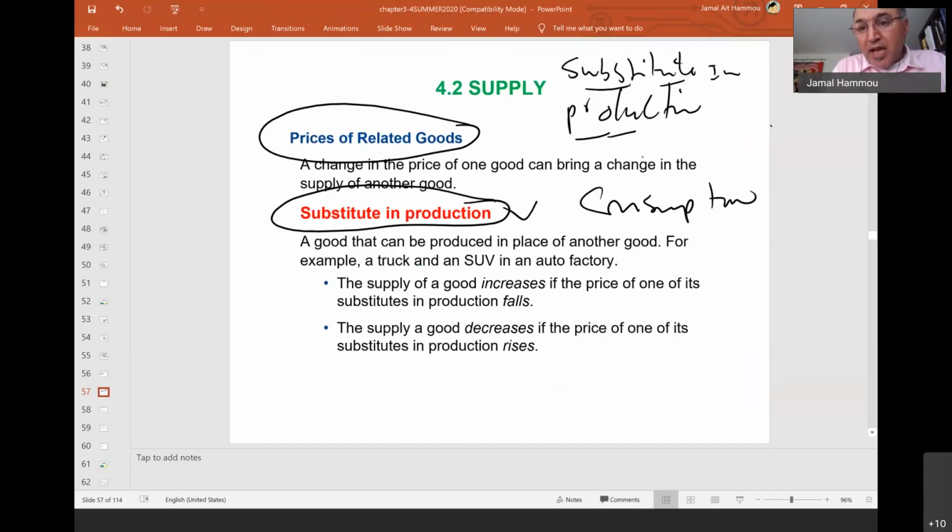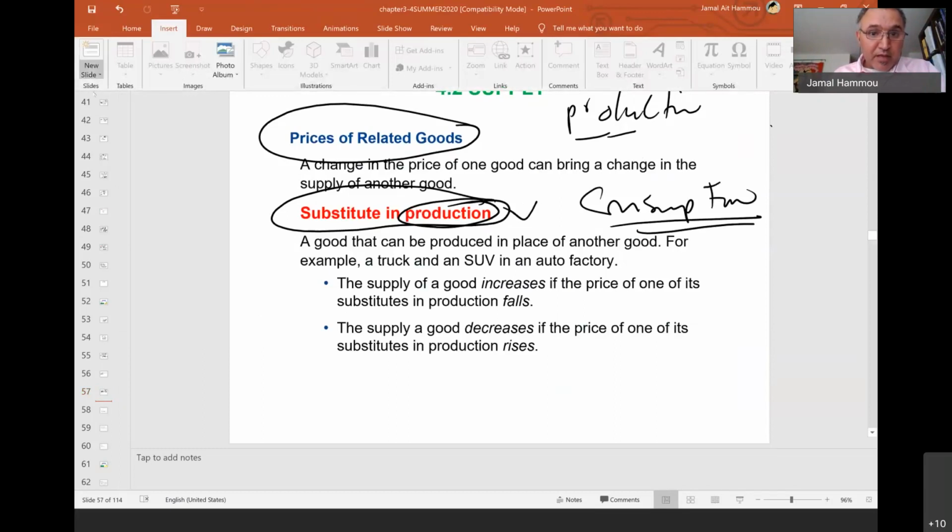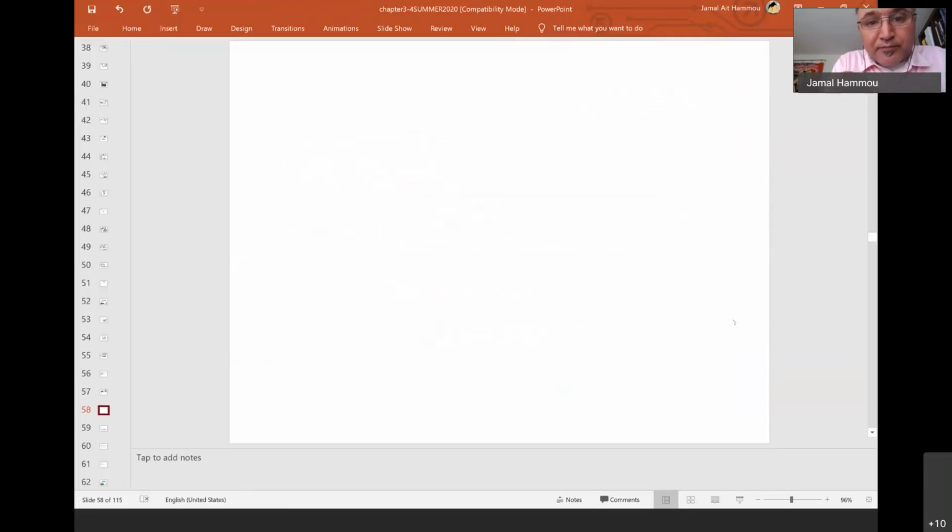When I'm talking about the demand side, I'm talking about related goods in consumption, but now we're talking about the production side. So for example, for the Ford company, they can produce one good or the other. A lot of companies will face this.